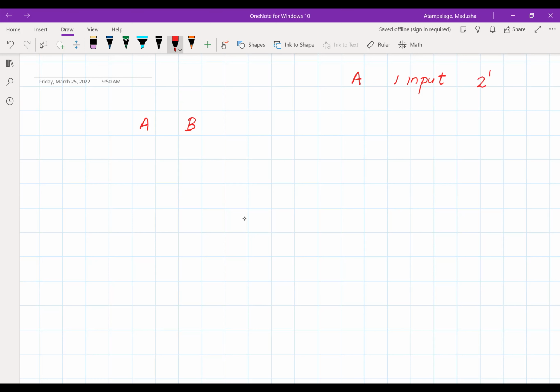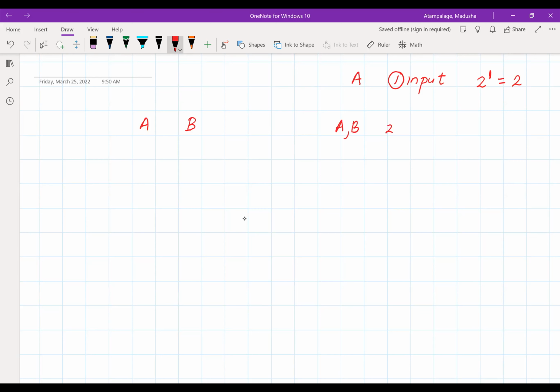That happens like this, okay? We take 2 to the power 1. Now here you can see if we have one input, we take 2 to the power 1. From here you can see we have 2 possible input combinations, okay? Now, what will happen if we have 2 inputs?